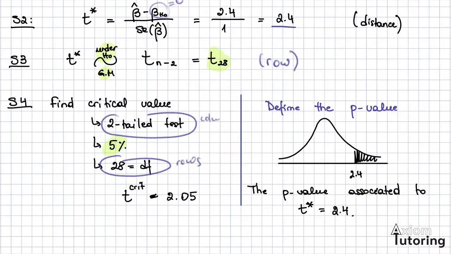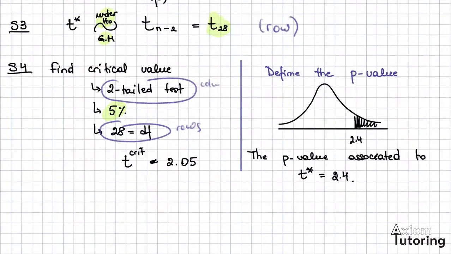You can use a software or you can use the table, as I said, once again, but you will find that the p-value for this particular case is going to be less than 0.05. You can be as critical as you want, you can be as precise as you want.